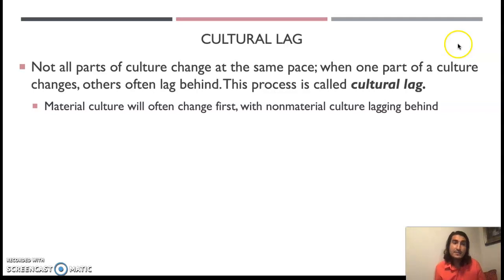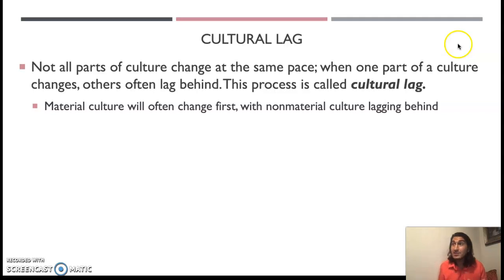So a lot of times we'll see material culture will often change first, and non-material culture will lag behind, right? Smartphones have been around for over a decade now, at least, if not longer. But it didn't automatically change the non-material aspects of our life as soon as the smartphone was invented, right? Look how long it took for things like Snapchat and TikTok to be developed after the advent of the smartphone, right?